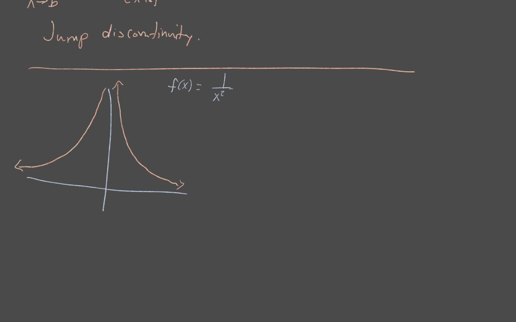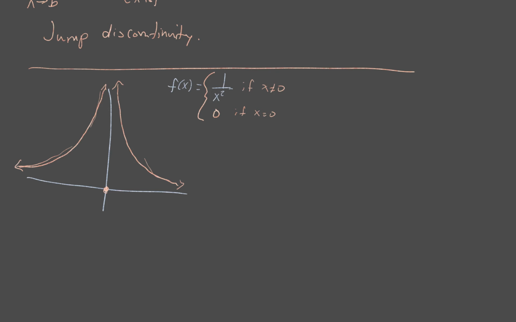We've got a vertical asymptote at 0, and a horizontal asymptote at 0 as well, but both sides go up. I'm going to make this a piecewise function so that I can define it everywhere. It's going to be 0 if x equals 0, and 1 over x squared if x does not equal 0. So the full graph is all of this curve, all of this curve, and this point at 0, 0.